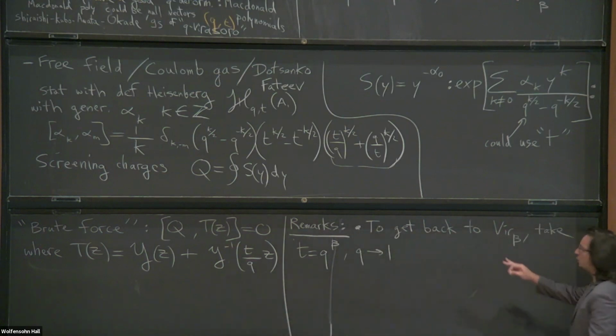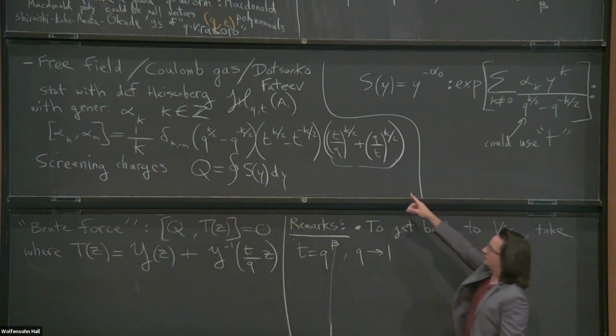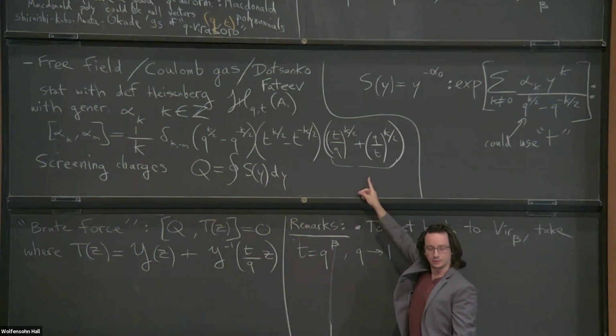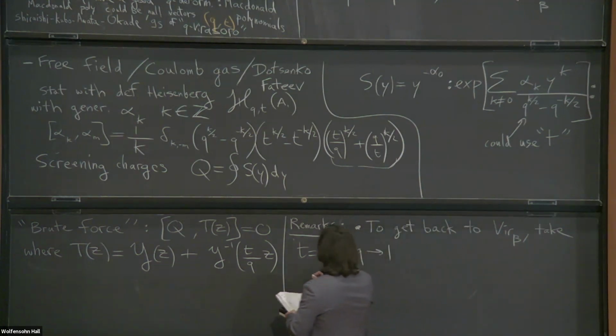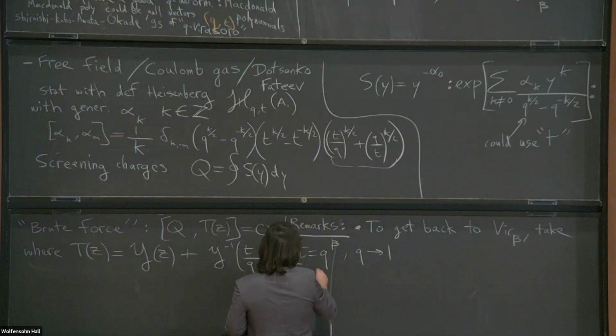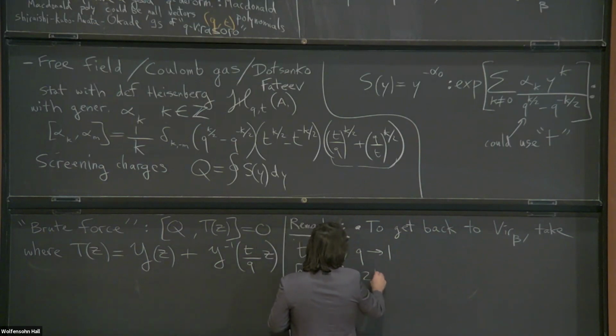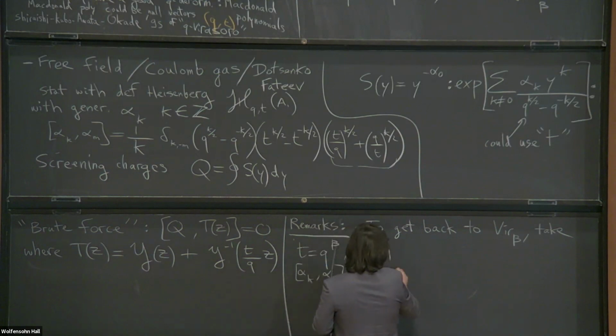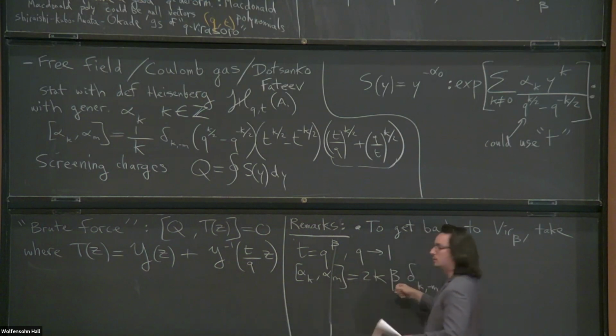So what happens if I take this limit? Well, a lot of drastic things happen in the deformed Heisenberg algebra. It becomes [alpha_k, alpha_m] equal to some factor times k times beta delta_{k,-m}, which is the usual Heisenberg algebra up to rescaling by 2.